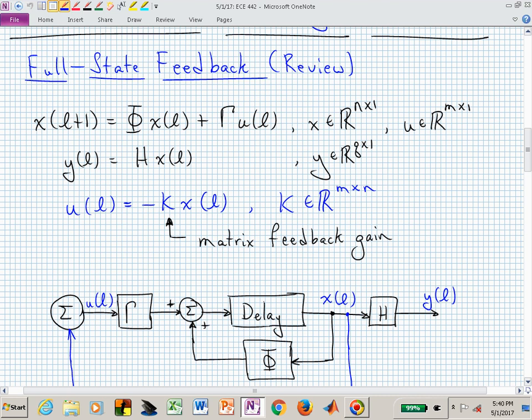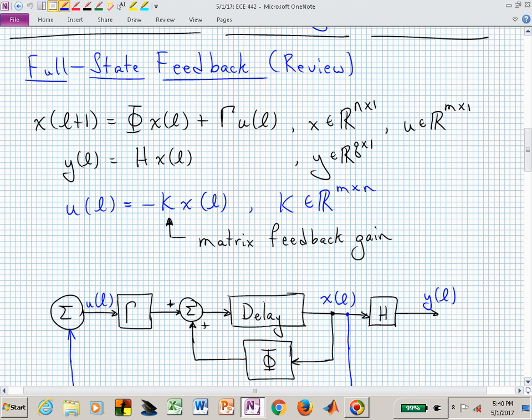And right now, notation-wise, I'm saying we have q of those. So we have n state variables. We have m inputs, and that now tells us how wide gamma is. Gamma is as tall as we have state variables, but it's as wide as we have inputs.